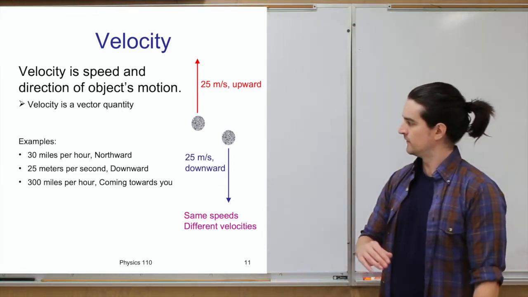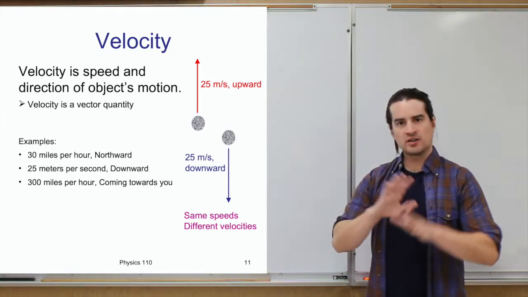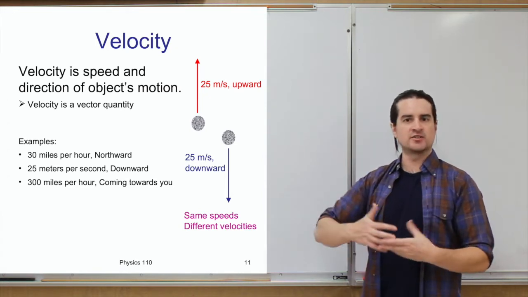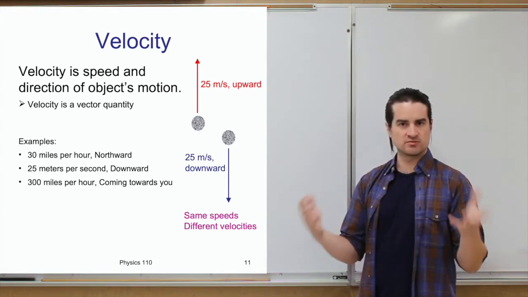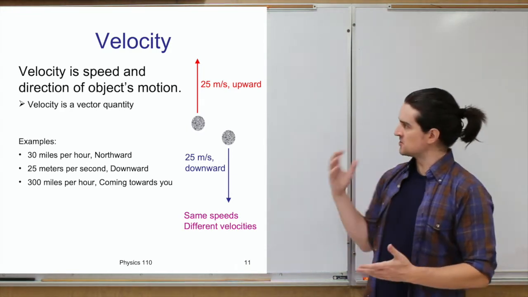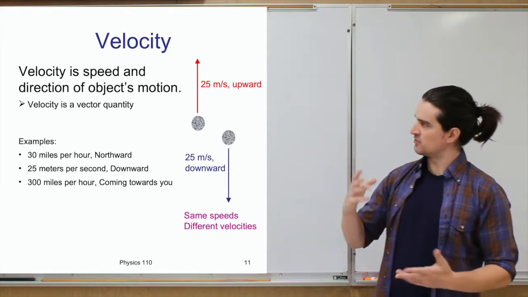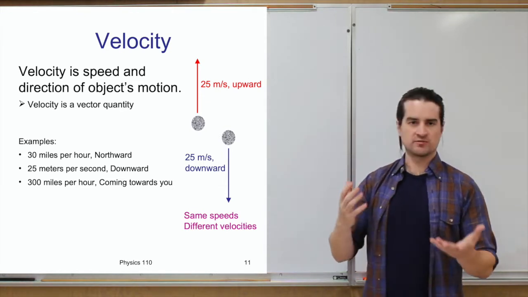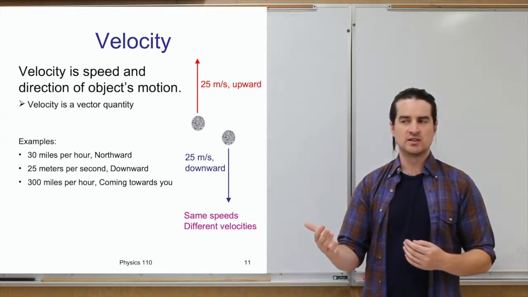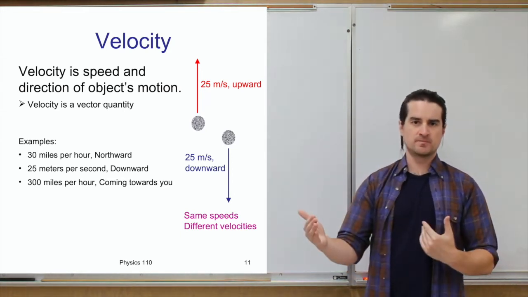All right, so all that was about speed. Speed is just the rate that an object is moving, distance and time. In physics, and not just in physics, beyond the term speed, there's something else which we call velocity.